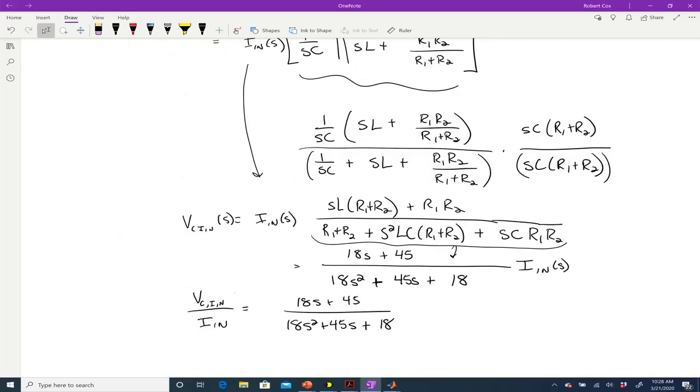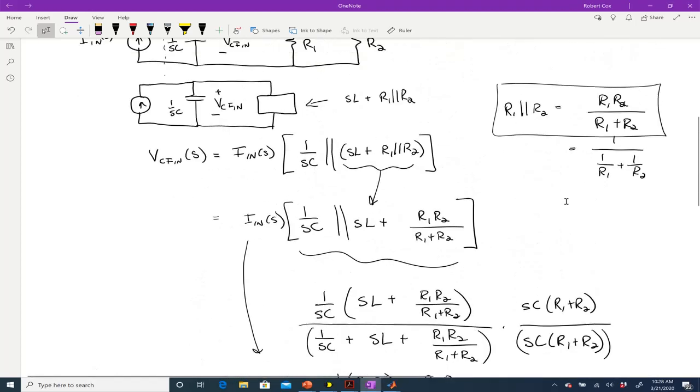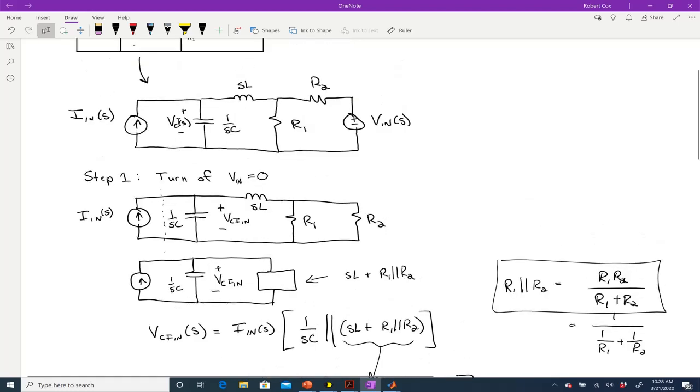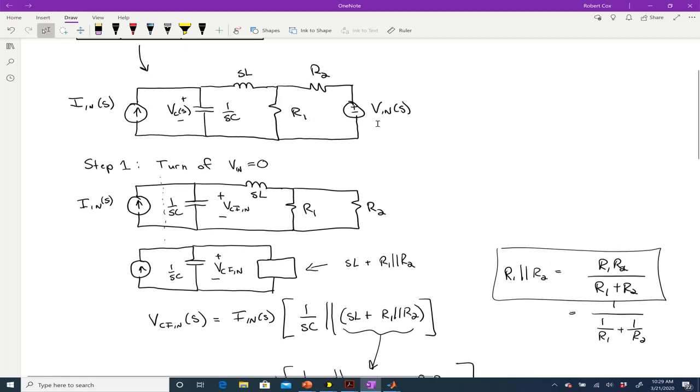So that's half the problem. Now I need to do the other half, which is to say, if I go back to the circuit, what happens if I now turn off the current source and look only at the voltage source?